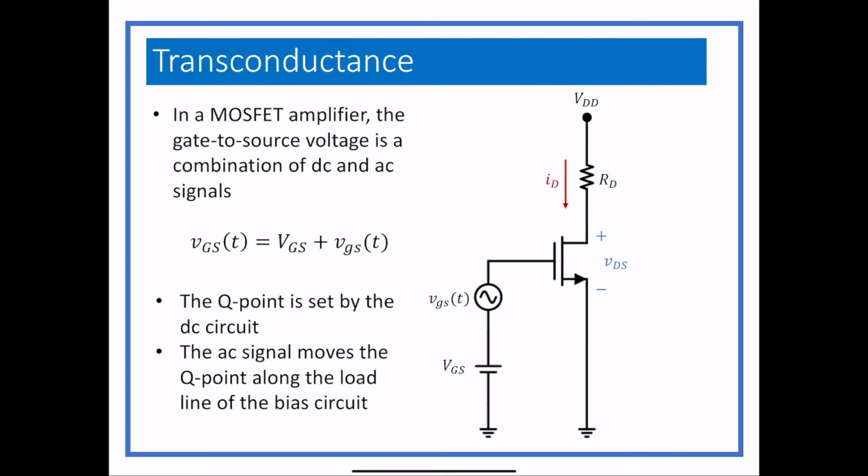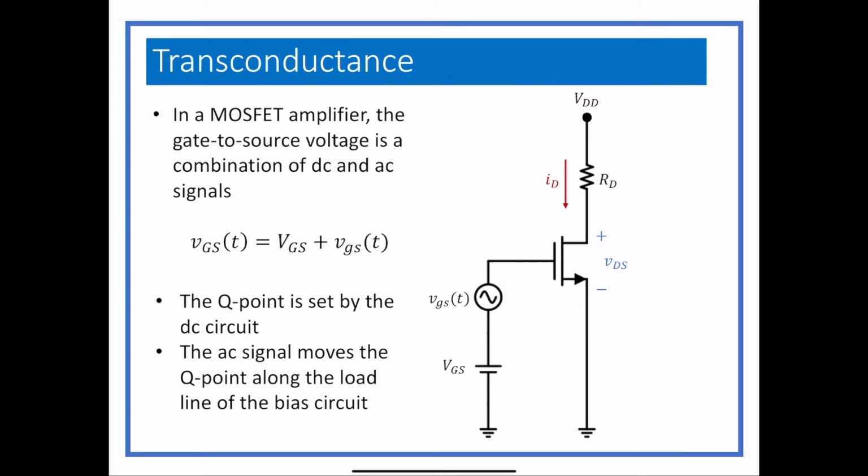The DC is VGS and VDD. Those are the two DC values. That DC value of VGS could be made using a voltage divider or something else, but right now we're just modeling it as a voltage source. And then the time-dependent AC source is the signal you're actually putting in to amplify.